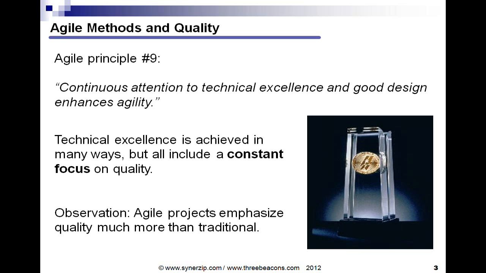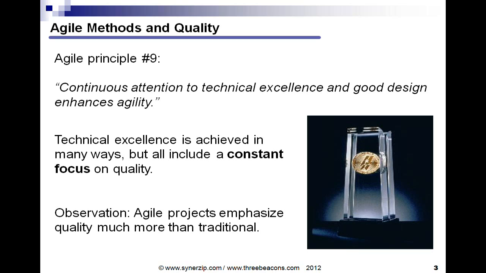But as it became formalized and matured, nothing could be further from the truth. It's a much more disciplined quality focus than anything that I've ever used, which includes traditional Spiral, RUP, and Agile.